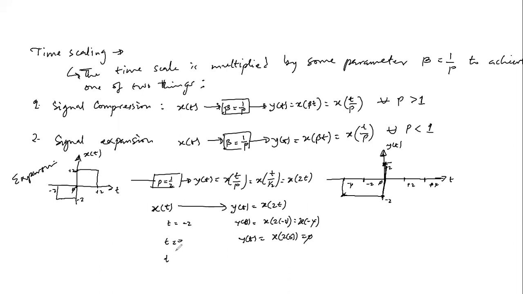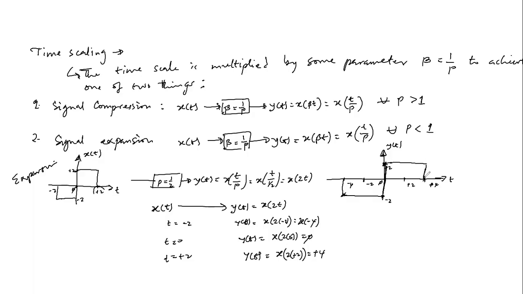Then at t here, equal to +2, y of t is the same as s of 2 times +2, which is equal to +4.